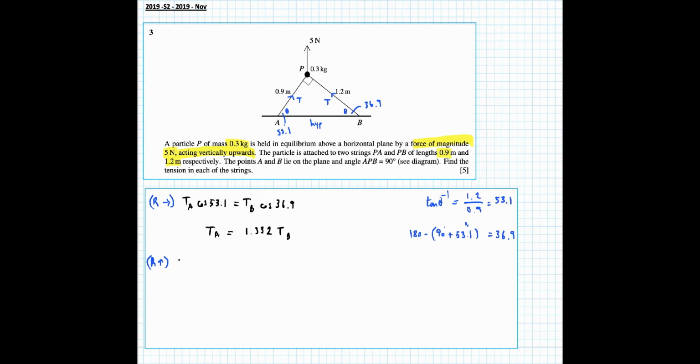So resolving it vertically, TA sine 53.1 plus the tension in B as well, so sine 53.1 plus tension of 36.9, plus the weight of 3, so plus 3g, and it's equal to our force, which is 5 newtons.